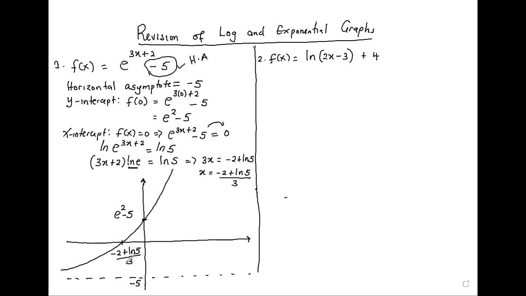Yes, sir. Do you mind just explaining a bit on how you got the x-intercept and the graphing part? So for the x-intercept, you equate f to 0, meaning this to 0. Take 5 to the other side. So we have it here.